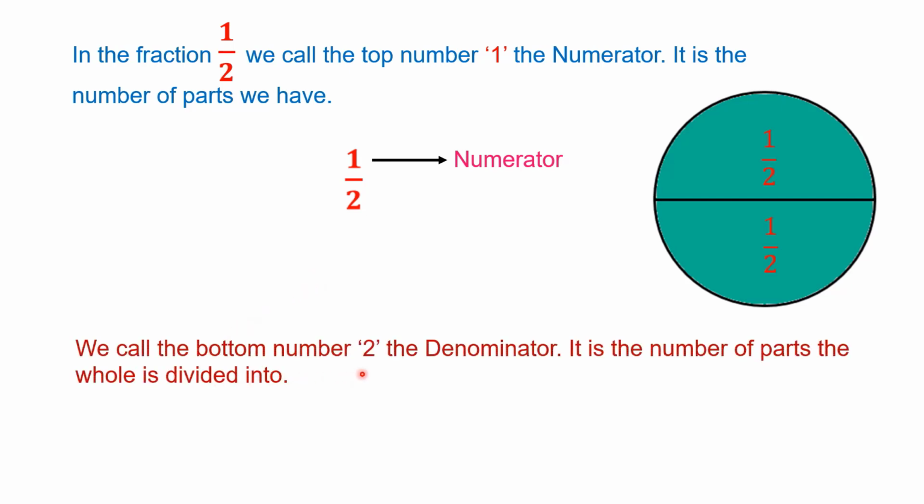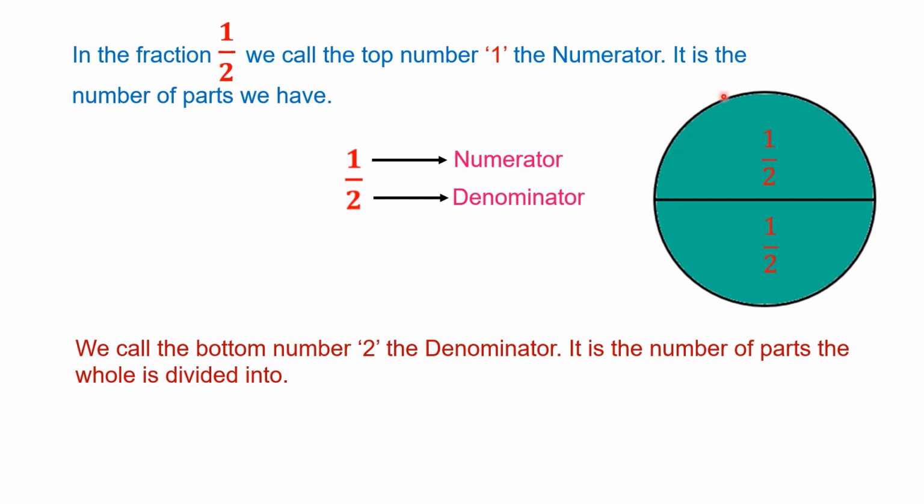We call the bottom number in the fraction 1 by 2 the denominator. It is the number of parts the whole is divided into. 2 is the denominator. The denominator shows the number of parts the whole is divided into.